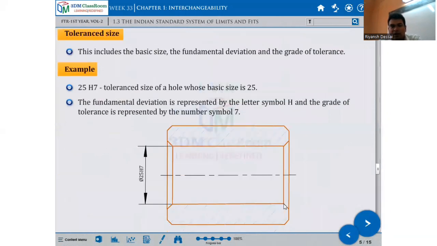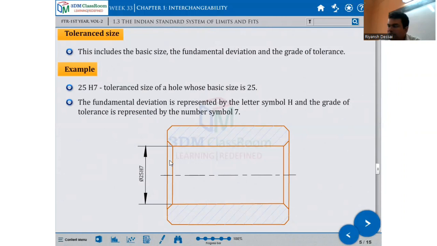For example, how to read this type of drawing? A person draws H7, 25E8. How do you read that drawing? In some exams a question like this comes: 25H7 is the tolerance size of the hole whose basic size is 25.